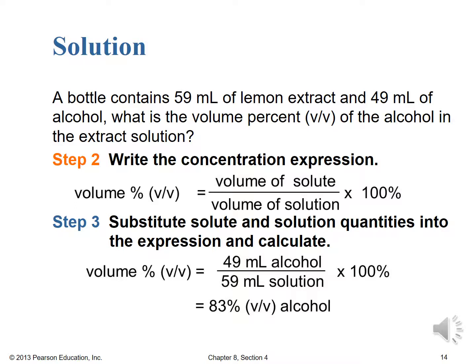Volume per volume is volume of solute divided by volume of solution times 100%. And so finally now on to step 3, we can substitute in our amounts. So 49 milliliters of alcohol and 59 milliliters of solution gives us, in this case, 83% volume per volume of alcohol.